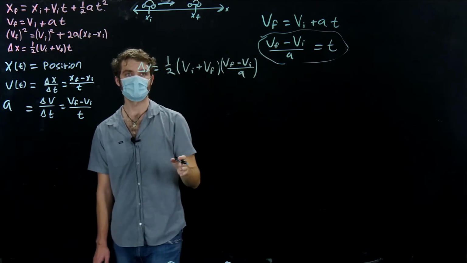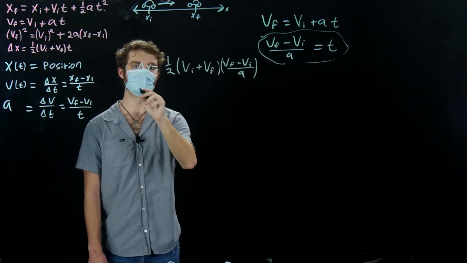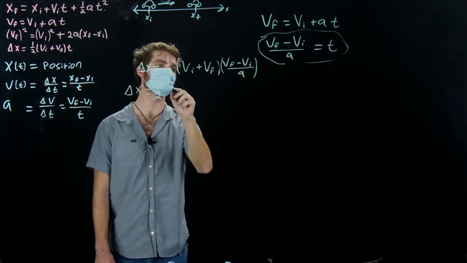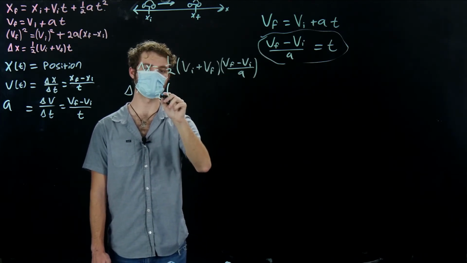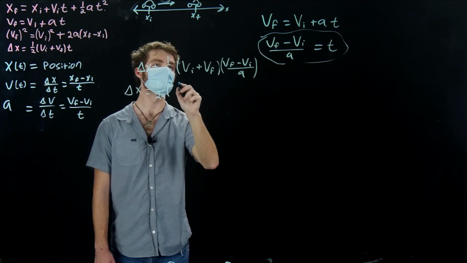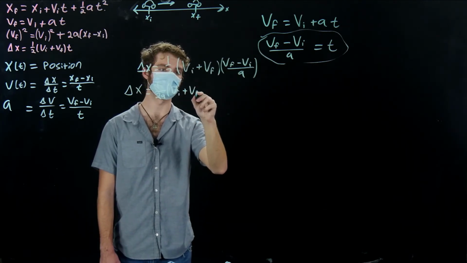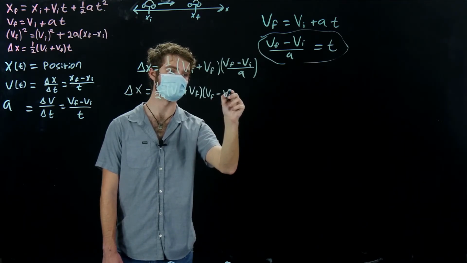And we're going to math this out, and we're going to get this equation, that equation. Delta x equals 1/2, so 1 over 2a, I guess, times v initial plus v final minus v initial.